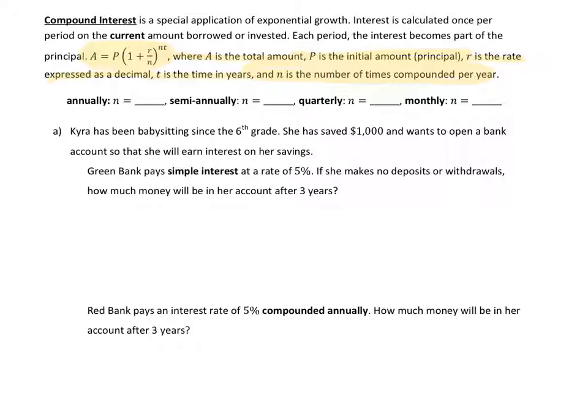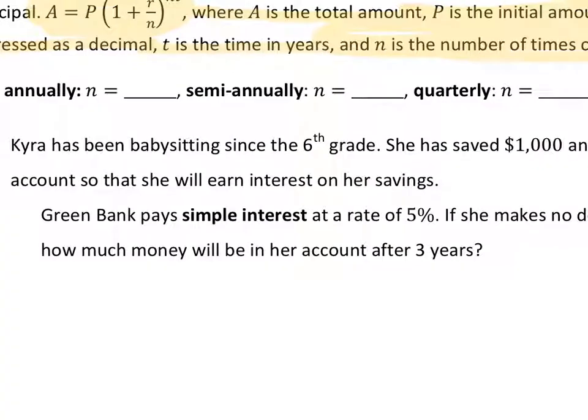So words like semi and quarterly, monthly will all come into play here. So let's talk about those first. All right, annually means an event that happens once every year, so N would be 1.